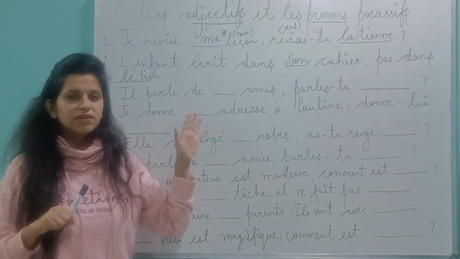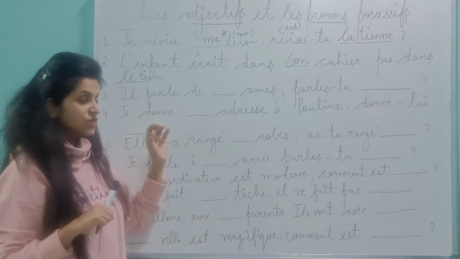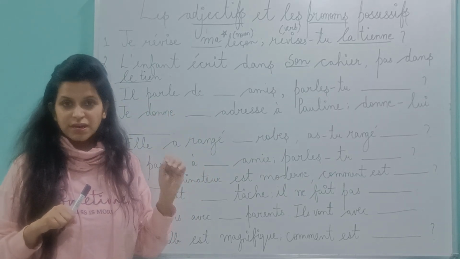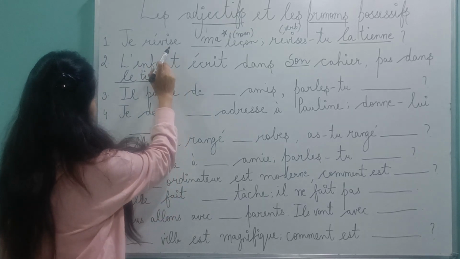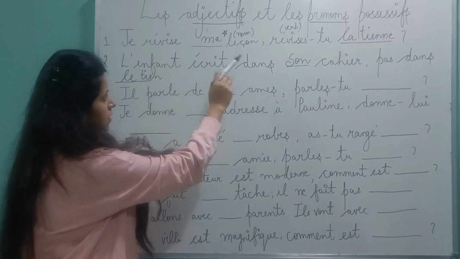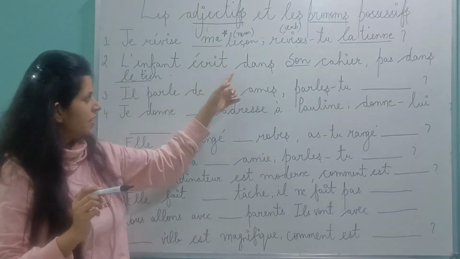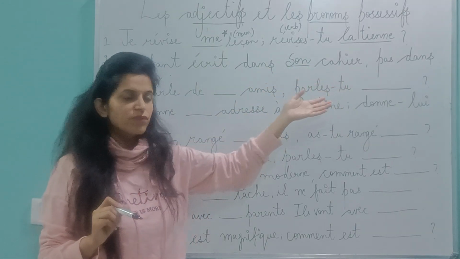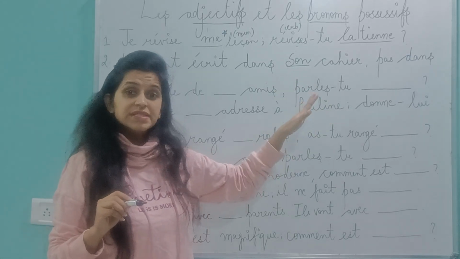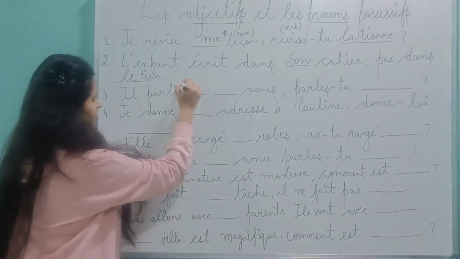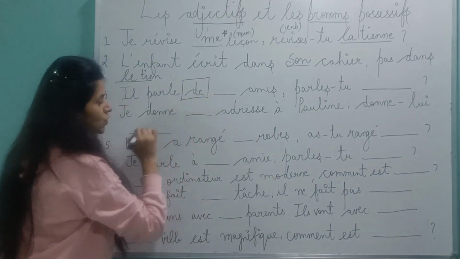This sentence is très important. You need to always remember one thing while attempting the question. Can you notice this? We're using the same verb. Okay, révise. Okay, écrit here we have not used, but we're talking about the same verb only. Parle. So it's the same verb. Whenever it's the same verb, just check after the verb preposition is given or not.